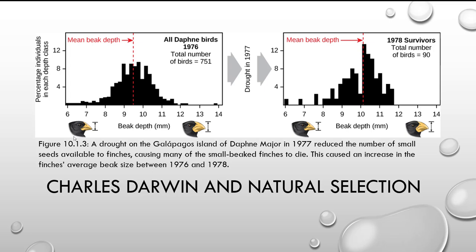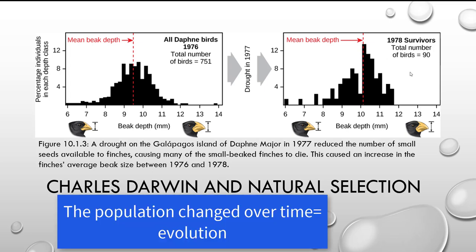So they outcompeted the smaller billed birds, and so they were the ones that were able to get enough resources, survive, and pass on the bigger billed trait to the next generation. So we see that the curve has shifted to the right. Okay. So we see that the population was able to shift a little, okay? So this is an example of natural selection, okay?